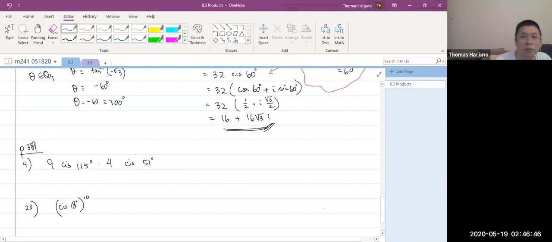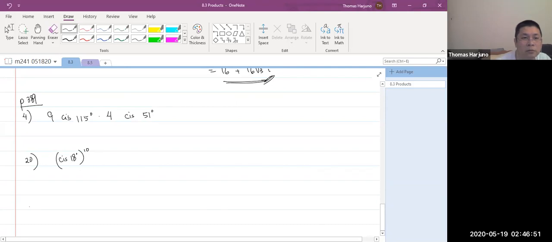And then number 28, square root of 3 plus i to the power of 4.